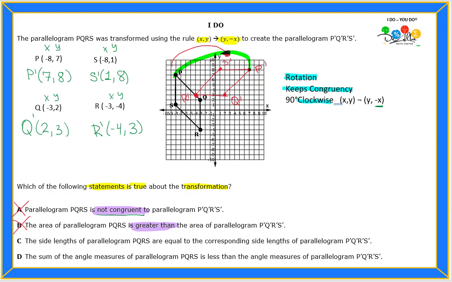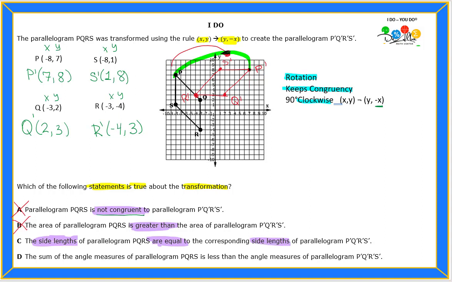Letter C, the side lengths of parallelogram PQRS are equal to the corresponding side lengths of parallelogram P prime, Q prime, R prime, S prime. Is that true? Yes, it is.